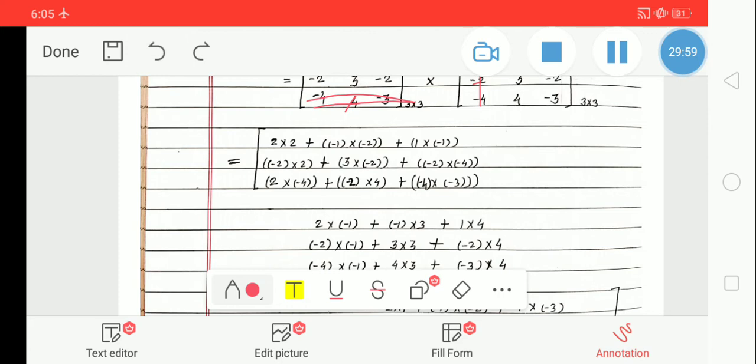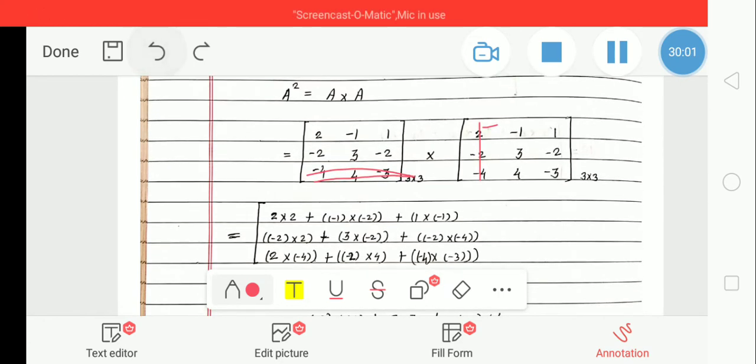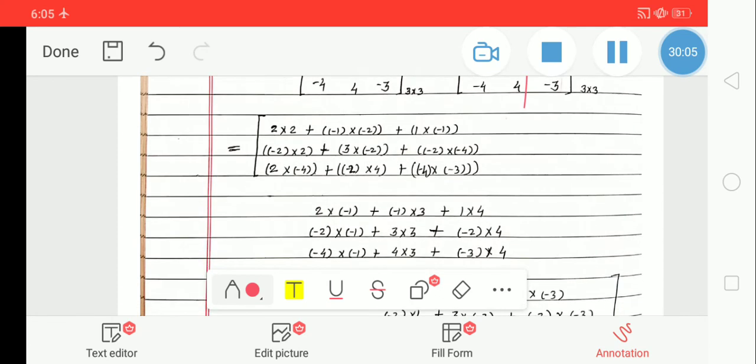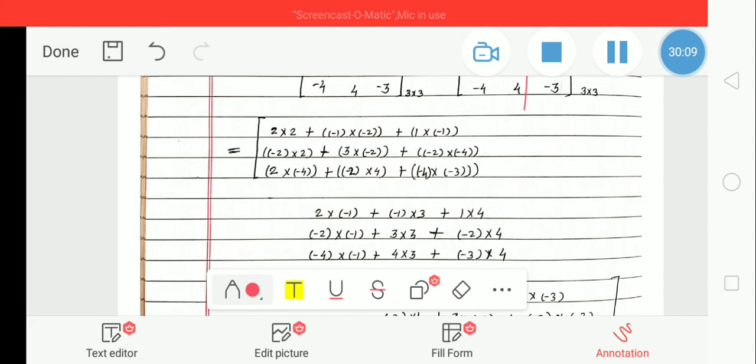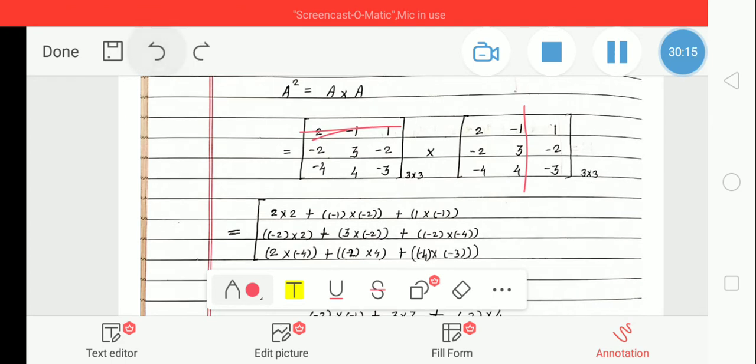Now second, we take second column and first row. So 2 multiplied by minus 1, minus 1 multiplied by 3 and 1 multiplied by 4. Now we can solve as it is.